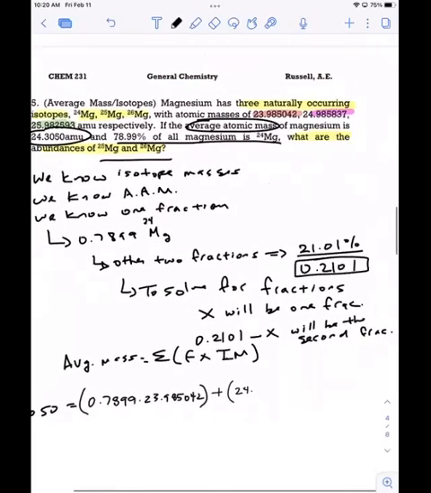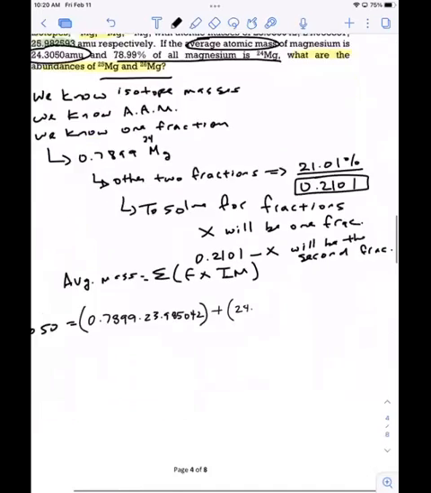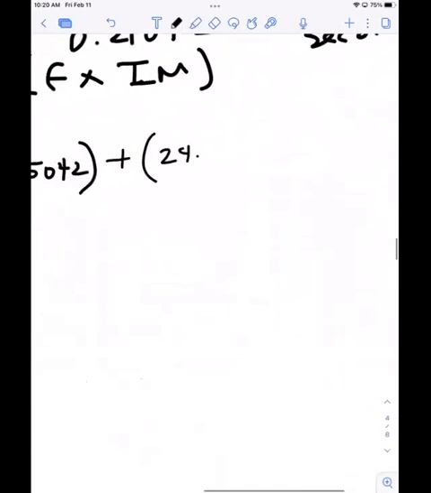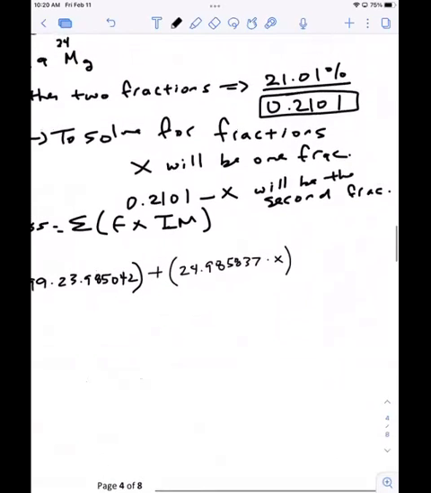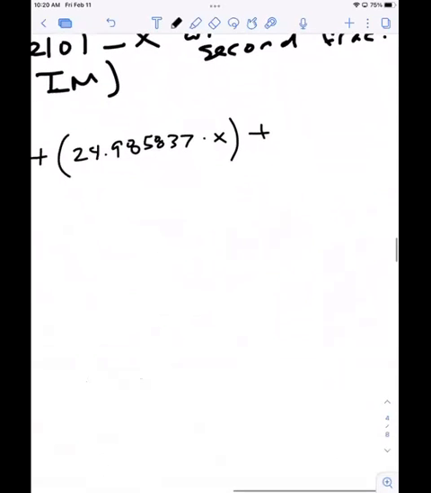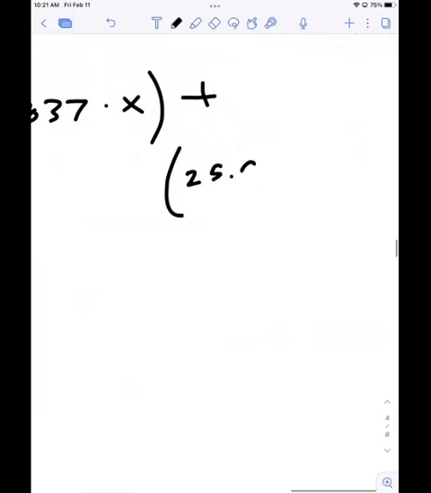24.98. Somebody give me those numbers. 98 what? 5837. Is that right? And this is going to be times X because we don't know what that fraction is. Plus the last term is 25 point what? 982593.